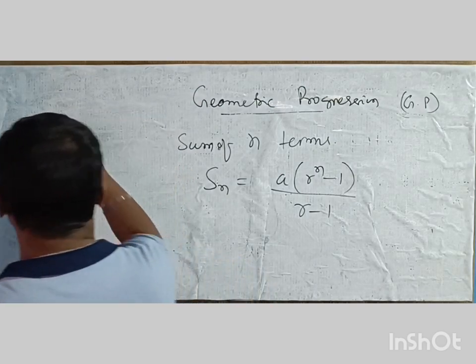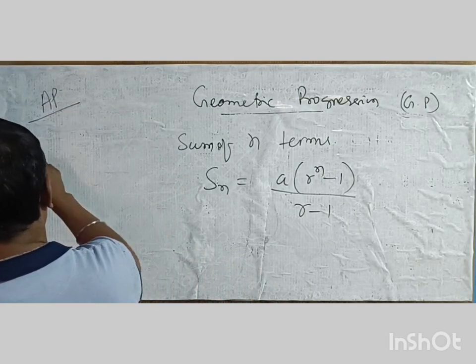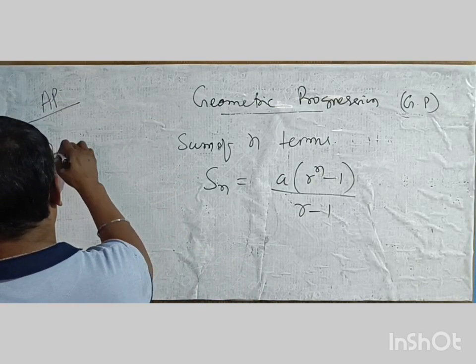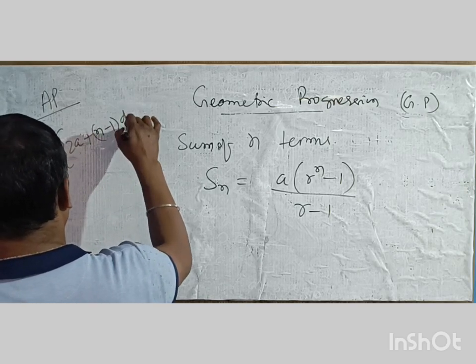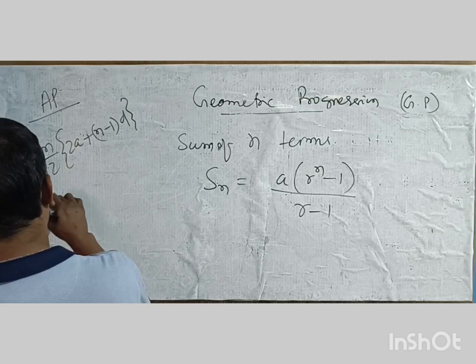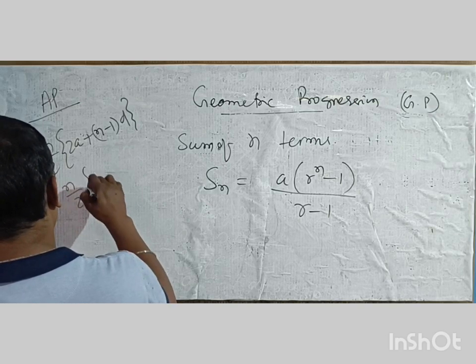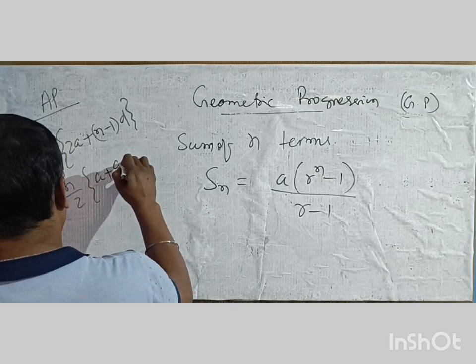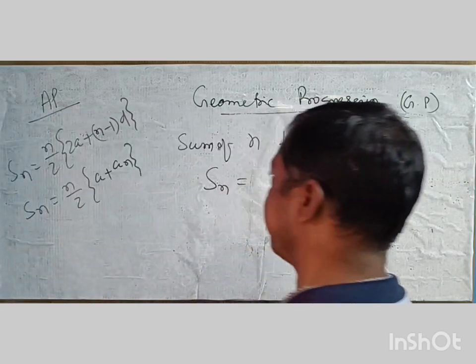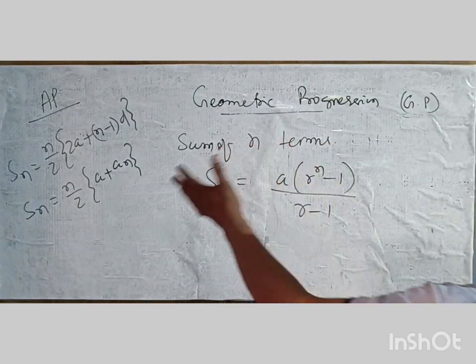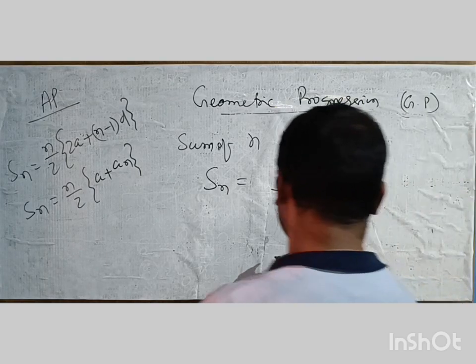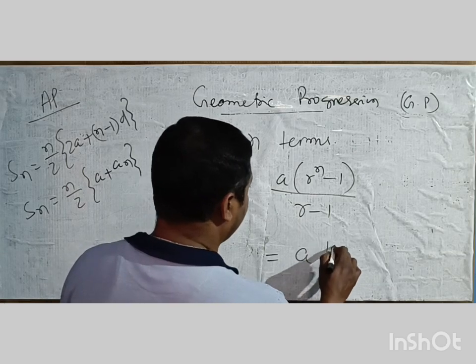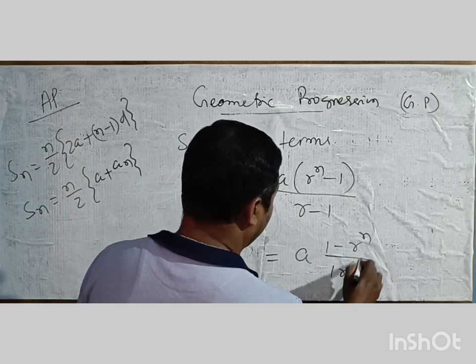But in case of AP, Sn is n by 2 into (2a plus (n minus 1) into d), or Sn is equal to n by 2 into (a plus an). In case of AP, this is different, and in case of GP, it is different.